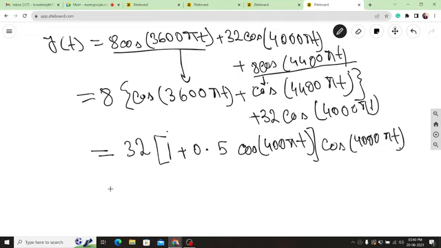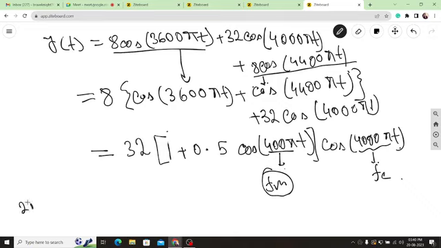And from here you can find that this is the fm and this is the term that contains fc.